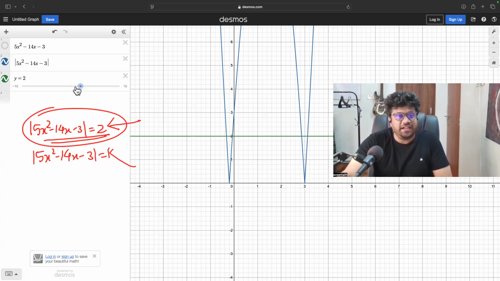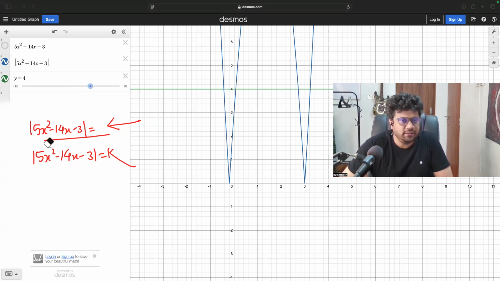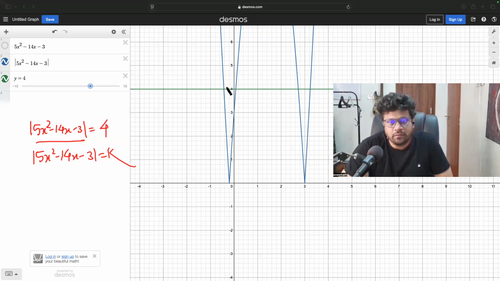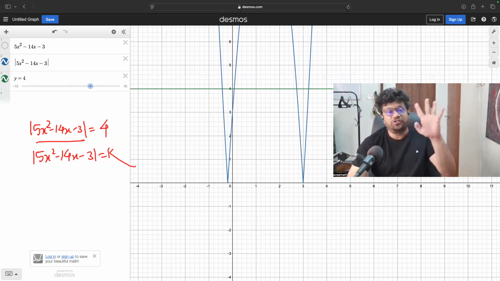Okay, let's change it to 4 maybe. There it is. Now I'm looking for the solutions of this equal to 4. There it is, the y equal to 4 line. One x, another x, another x, and another x. So four solutions for this.